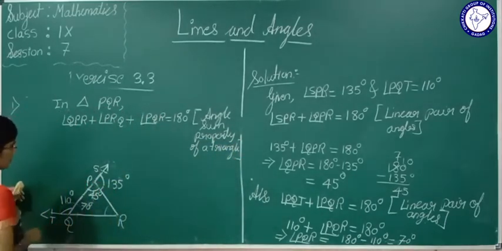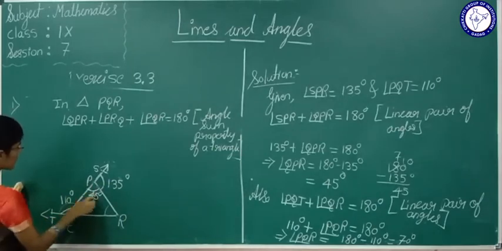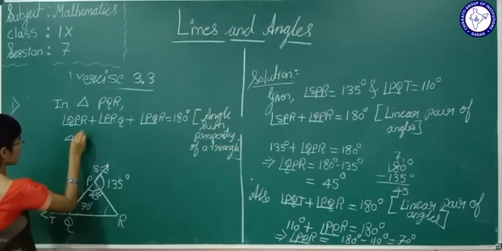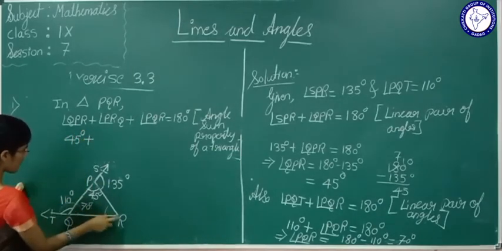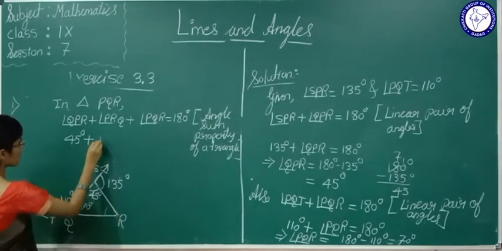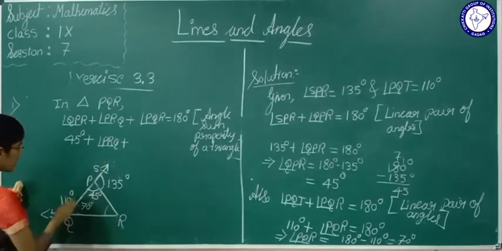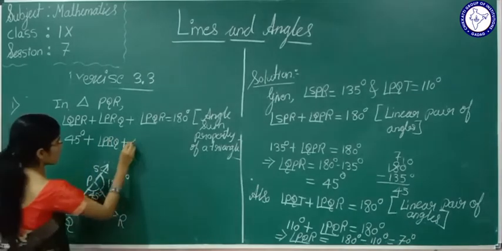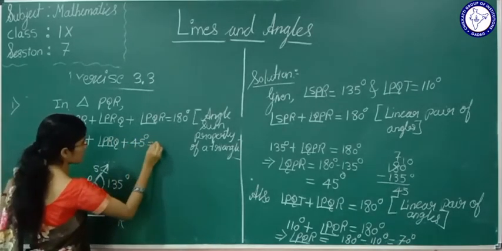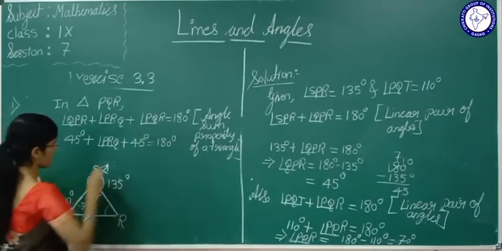Okay, now see, what is QPR? We got 45 degree. What is PRQ? That only we are finding. PRQ plus angle PQR, PQR is 45 degree, is equal to 180 degree.